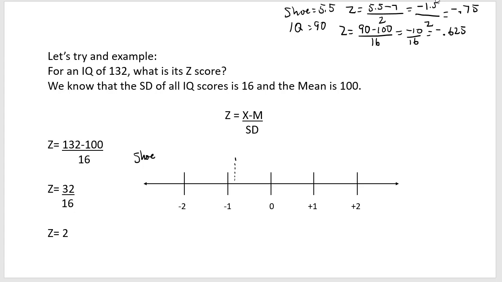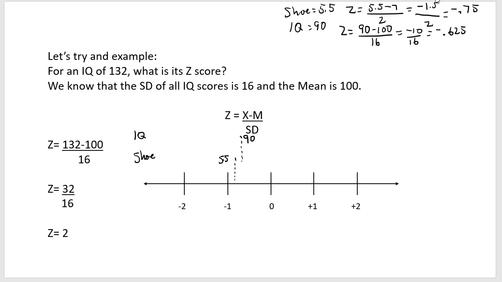So on our IQ scale, it's going to be somewhere in this neighborhood. An IQ equal to 90 has a z-score of -0.625. Excuse me, shoe size was 5.5. It was a z-score of -0.75, pardon me.